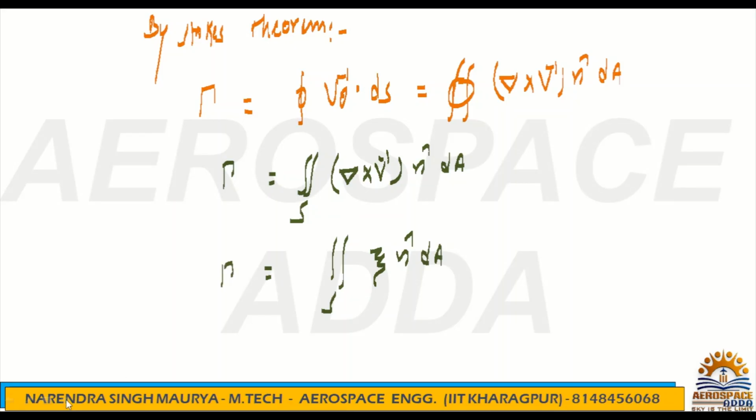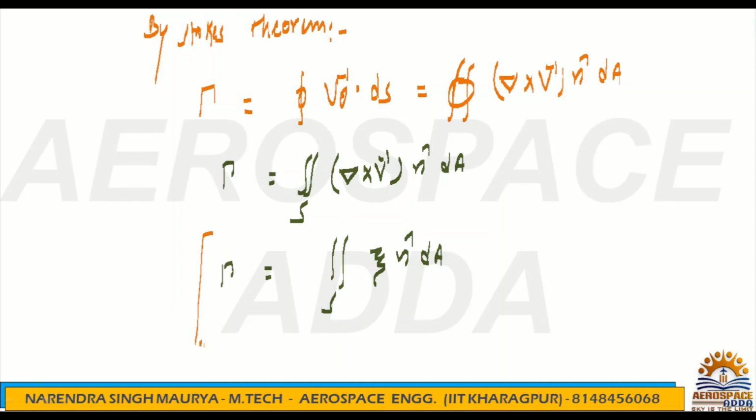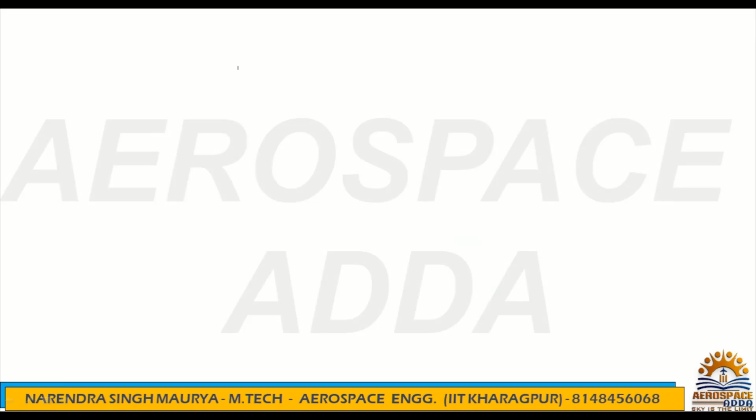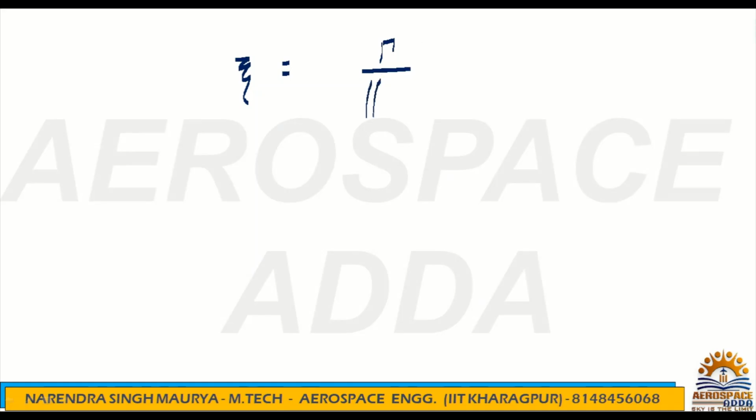So this circulation formula, let's come to vorticity. From here you can see your vorticity, which is nothing but circulation. If you check, this eta into dA is the area, double integral, and dA, you can say. So it is nothing but complete area.